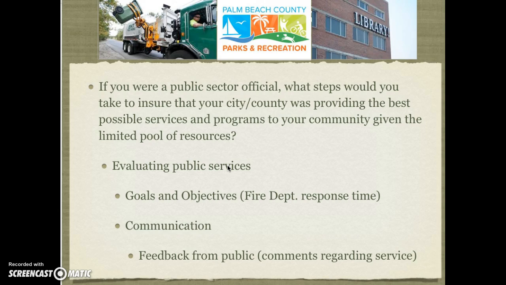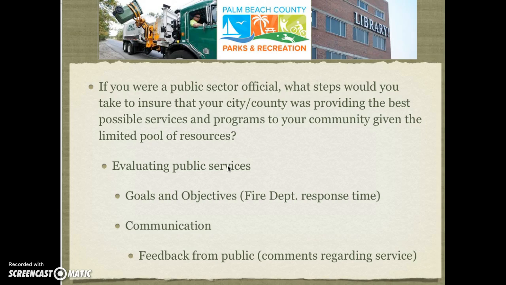All right. So those are the goals and objectives. So you can go back and evaluate those. You can look at internally the response times for the fire department and determine whether or not the fire department is meeting the objectives of a 5-minute response time for a medical emergency call. And my 5 minutes is just an example. It's just something I pulled out of the air, okay?